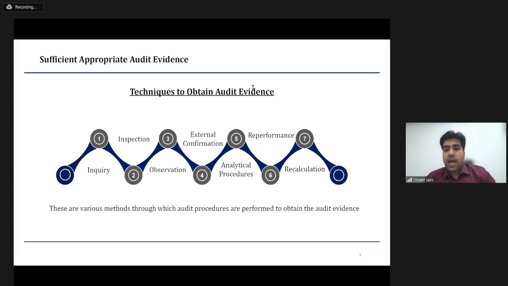And the third, and last but not the least, technique is recalculation, wherein, like I just talked about recalculation of the interest. If the software is calculating any interest, I can also, based on the rate of interest decided, verify that interest amount by recalculating the interest by applying the rate of interest on the base balance of the debtors.